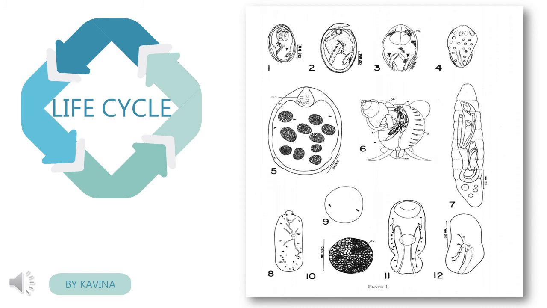Figures 9 to 12. Stages in the development of cercaria. Figure 9. Germ ball from redia, note single pair of flame cells. Figure 10. Same, showing penetration cells or IC. Figure 11.